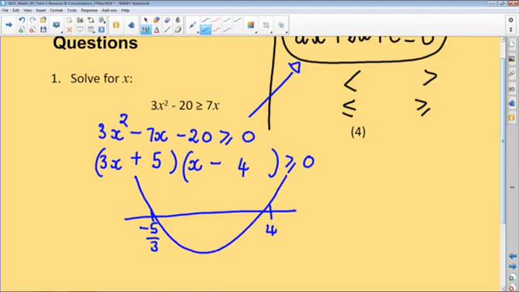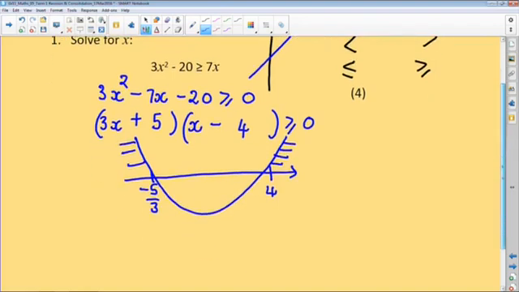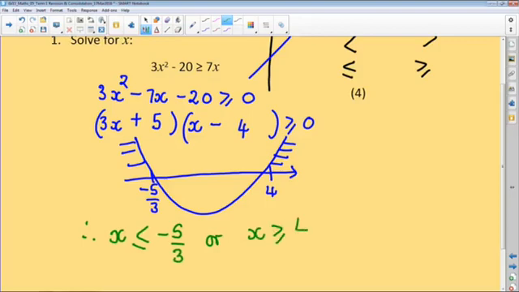But now you're looking for positive, above the x-axis, so you're reading off your graph here and also there. In other words, our solution is, therefore, x is less or equals to minus 5 over 3, or x is greater or equals to 4. So that is your inequality.